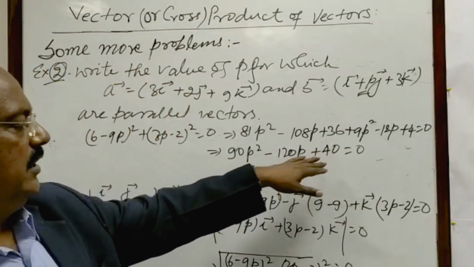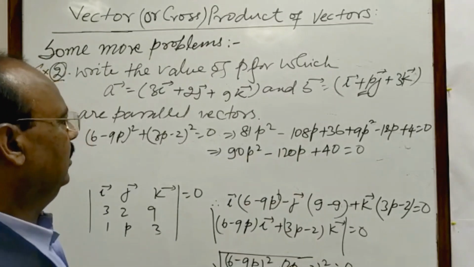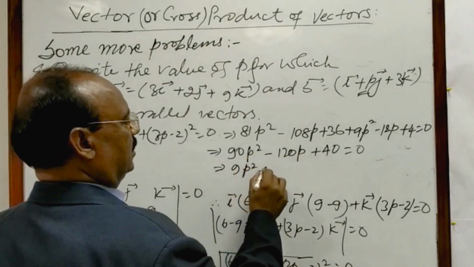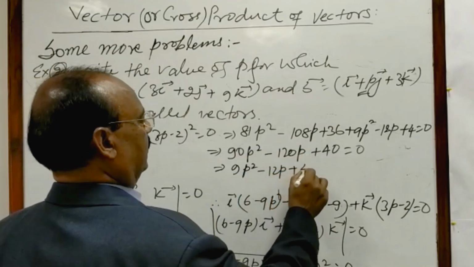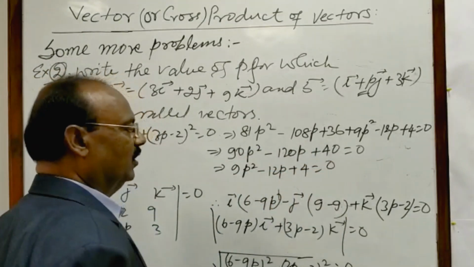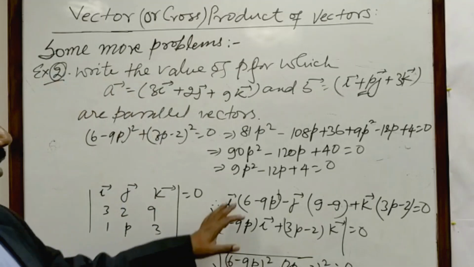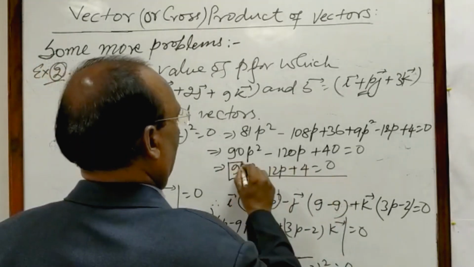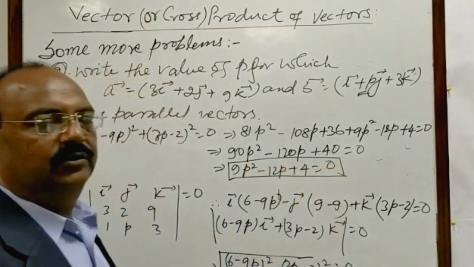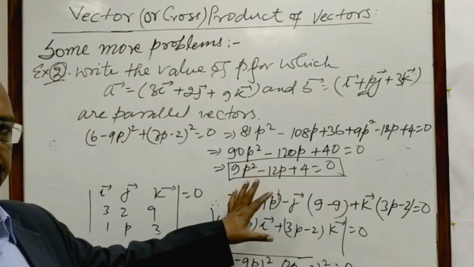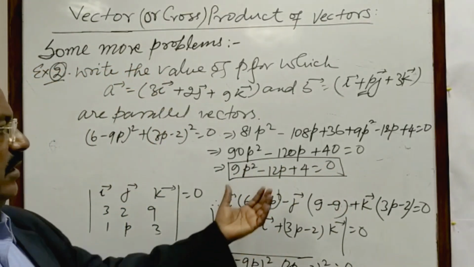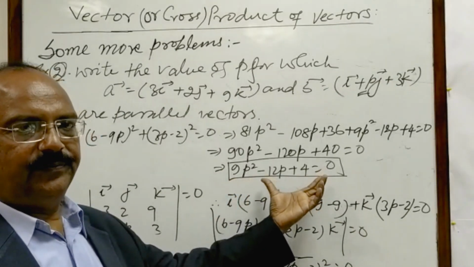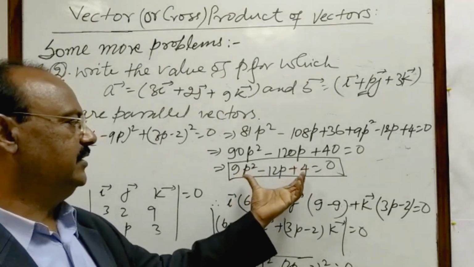Dividing this expression by 10, we get 9p square minus 12p plus 4 is equal to 0. Now after factorizing this expression, we can get the value of p very easily. So we can evaluate the value of p from this relation by factorizing the left hand side.